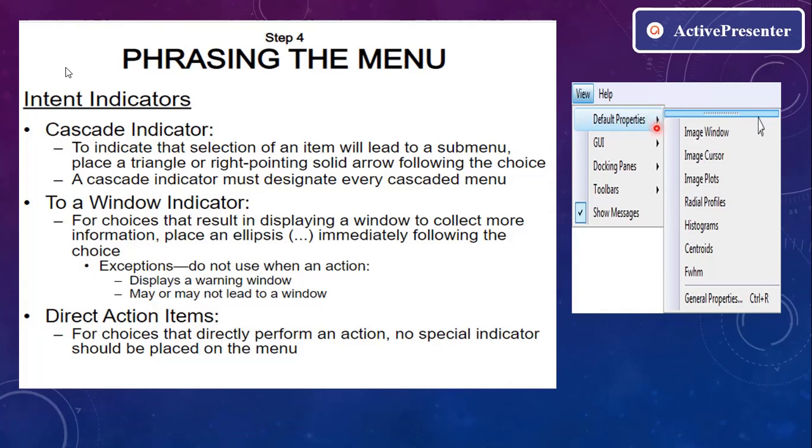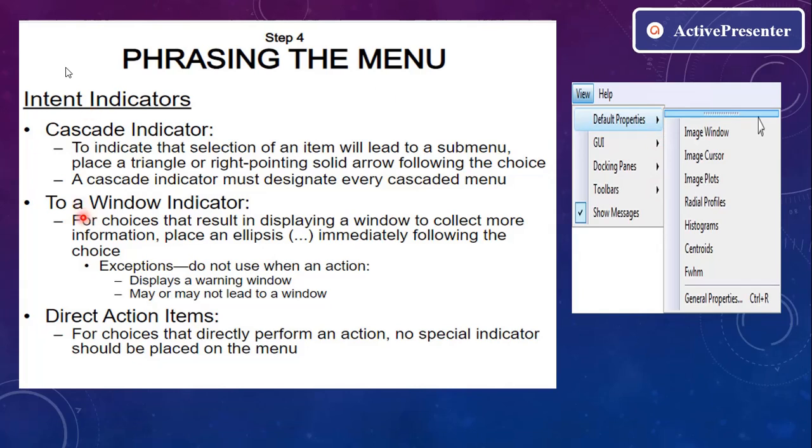That indicates the continuation of the menu, or that you will have a submenu after this particular arrow mark. So that is about the cascade indicator. Here you have 1, 2, 3, 4 cascade indicators.